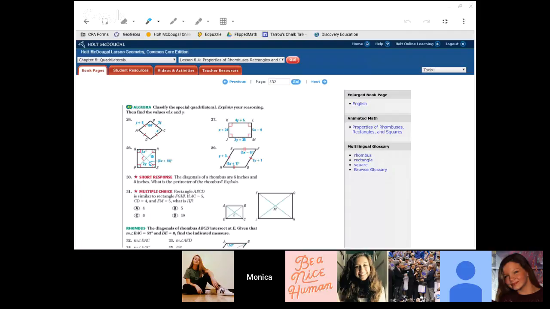So the fact that we have two opposite sets of congruent sides will tell us that it is a parallelogram, because we know that opposite sides are congruent. And we can't get any more specific than that. Does that make sense? Okay, good.